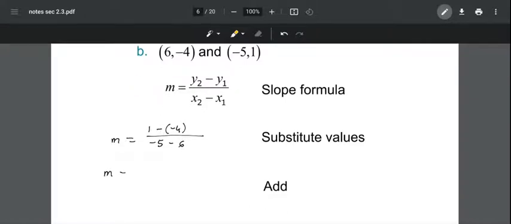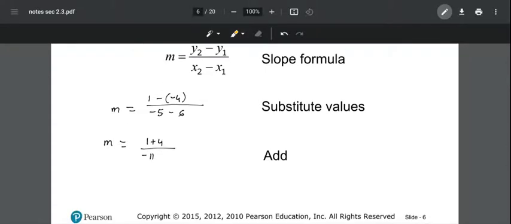That gives us 1 plus 4 over negative 5 minus 6, which means negative 11. We get 5 divided by negative 11, which we rewrite as negative 5 over 11. So this is the slope, negative 5 over 11.